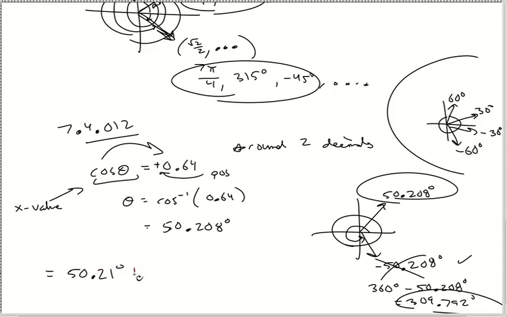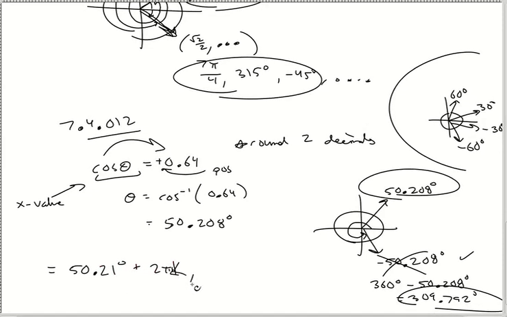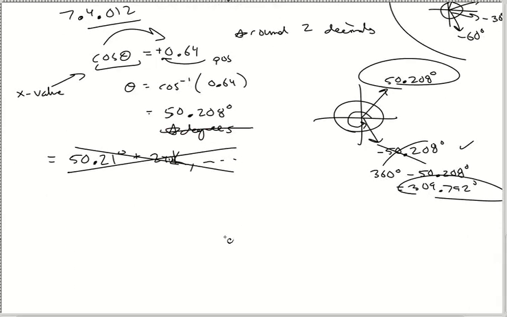So I'm going to just basically say 50.21, 2 decimals, right? Plus 2 pi k, right? Is that how it works? No. 2 pi is radians. I'm so happy that we got degrees here. Yay. But they don't want degrees, they want radians. So what would be my answer in radians? Everything else is the same.